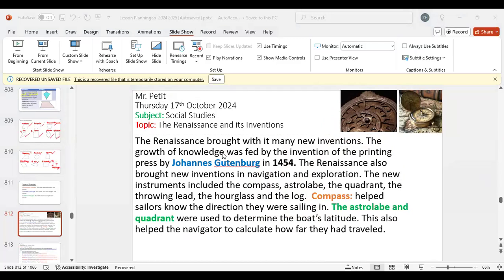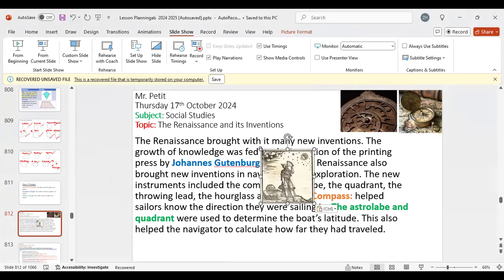Quadrant instrument. The quadrant is pretty cool. I'm going to show you someone using it, and then I'm going to show you how it looks. So this is someone using the quadrant. Can you all see that?